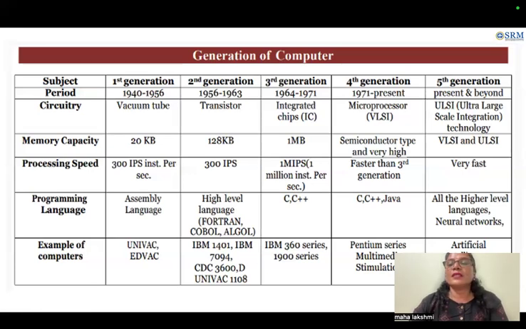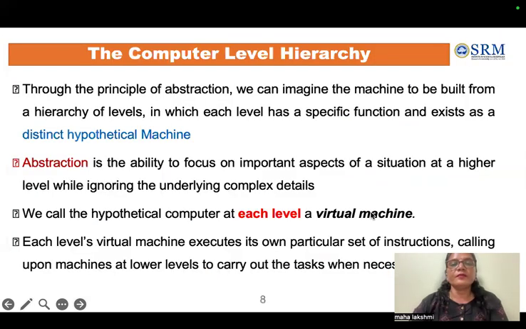Memory capacity is larger than VLSI, and processing speed is very, very fast. The languages used are all higher level languages and neural networks. An example of such computers is artificial intelligence computers.